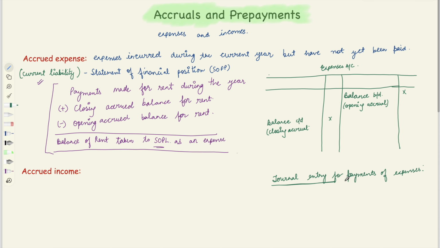That is going to be expenses account debit and bank credit, because money is going out of bank, right? So in expenses account on the debit side, I'm going to write bank. This is payments made.